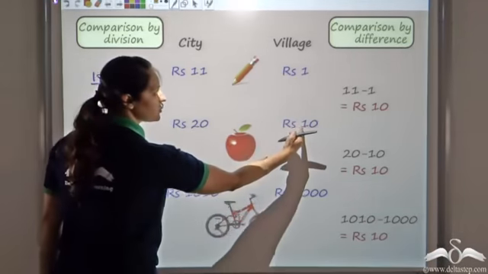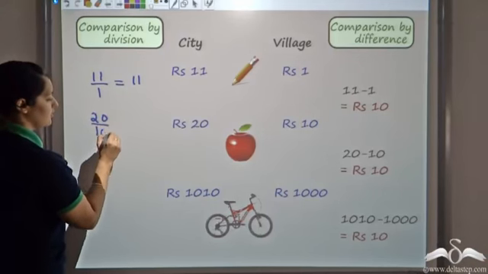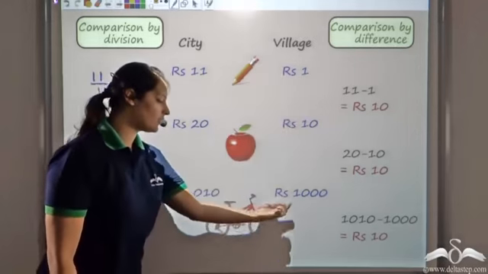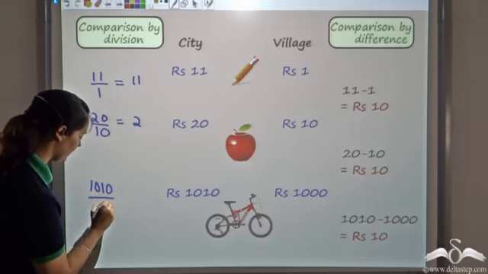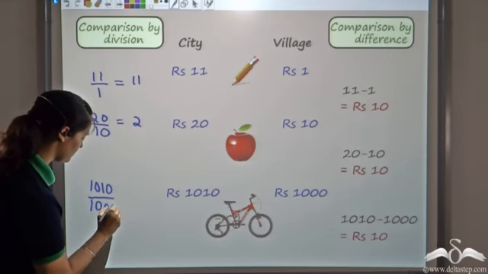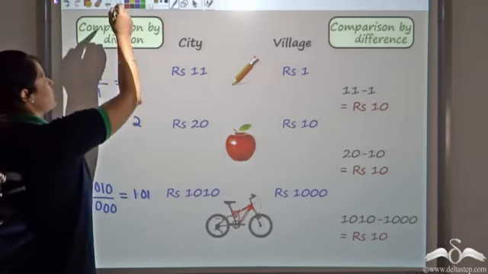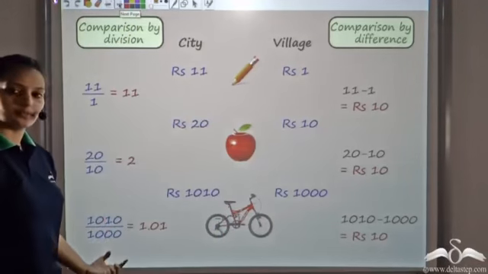Then dividing the price of the city and village here would give me 20 by 10, which is 2. Again, dividing the price of the city by the price of the village, I get 1010 by 1000, which is 1.01. So this is what I get if I compare the prices of the two by division.